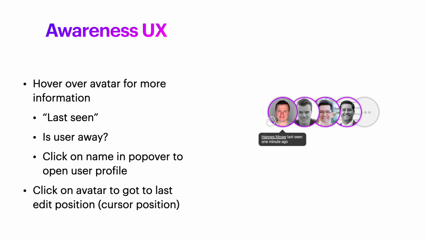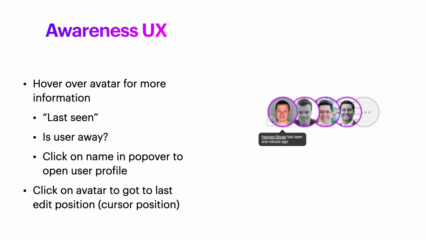You can see that I was active on this document within the last minute. If a user is away, we already give a little bit of extra information about that, and you can click on the user name to get to the user profile. This is very much in line with all the other usages of avatar images at GitLab.